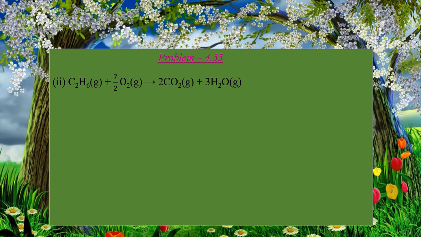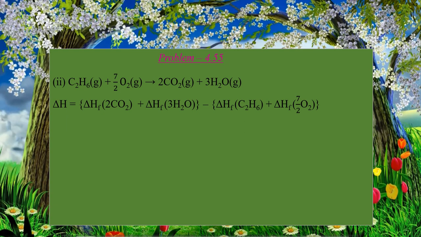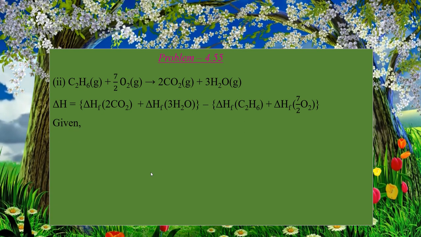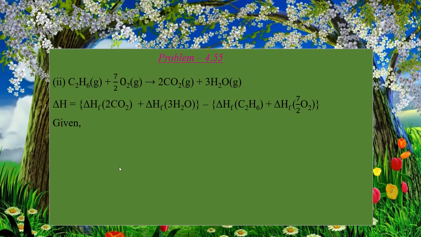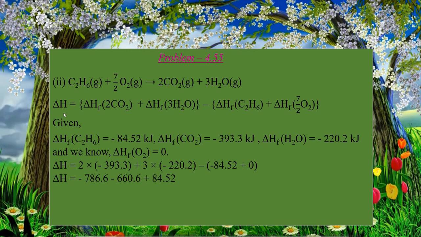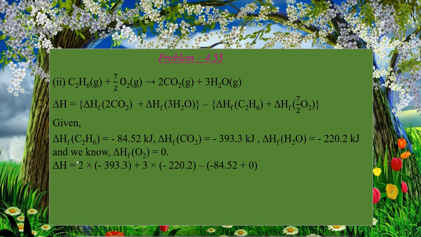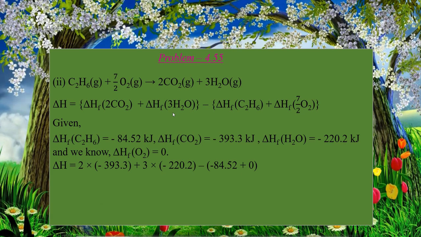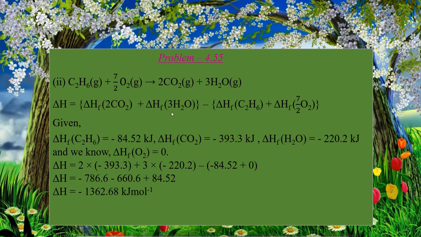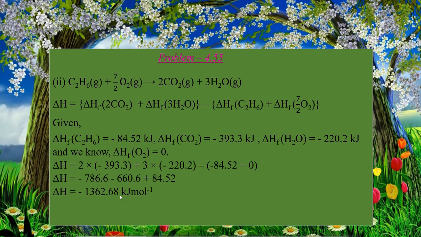So from there, we can write del H equals heat of formation of product minus heat of formation of reactant, and these are given in the question. So when we put all the values in this equation, we will get del H equal minus 1362.68 kilojoule per mole.